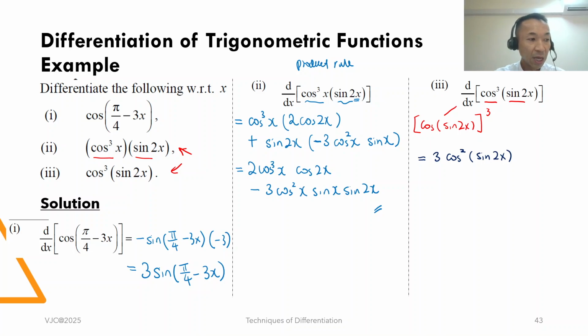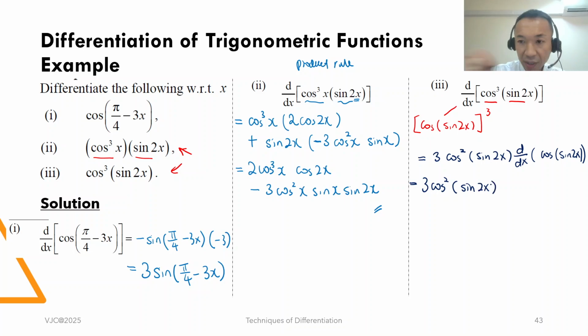Then what do you do? You will differentiate a cosine sine 2x. If it makes it clearer for you, you do that. So the next step is cosine square sine 2x. Then you differentiate cosine sine 2x.